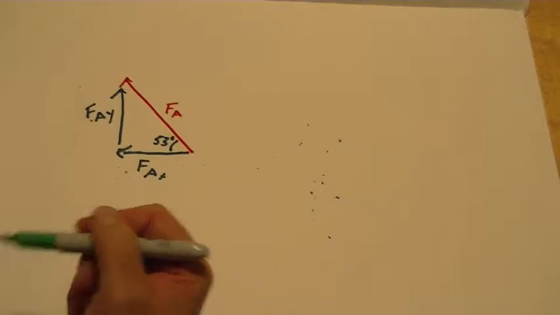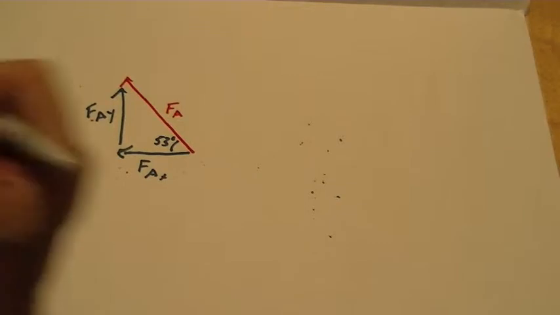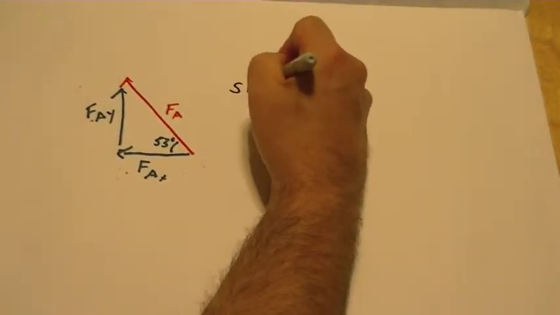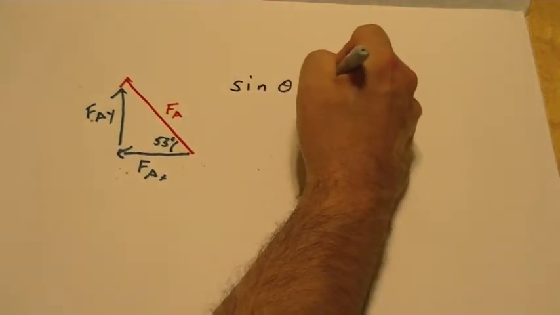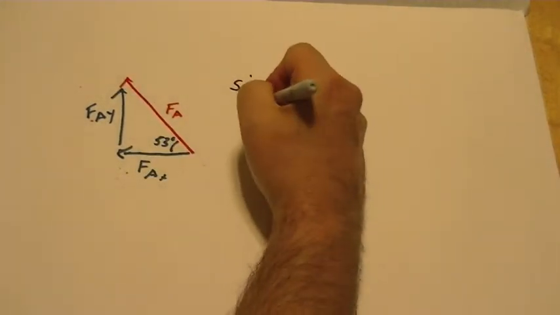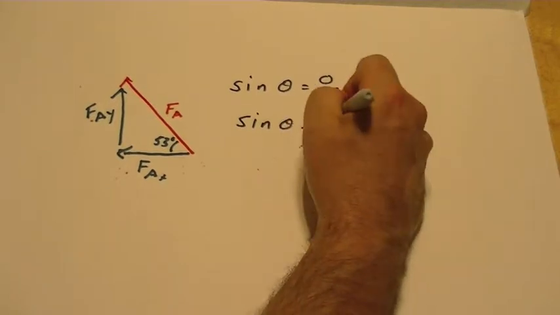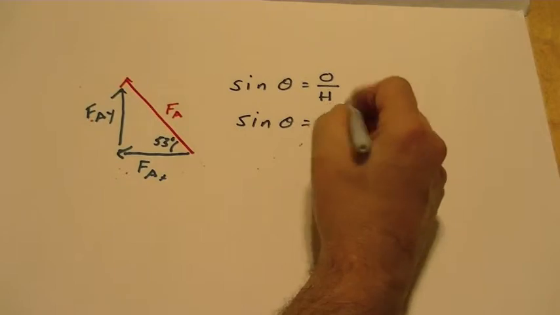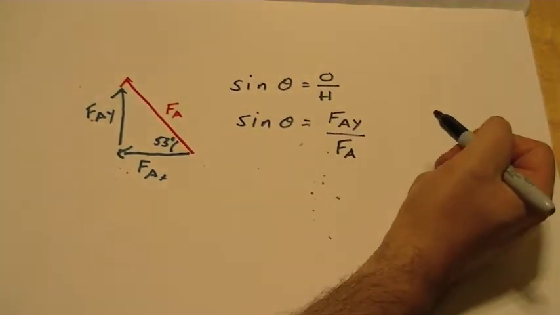Well, what I need to do now is set up my trig functions. I know that the sine of the angle is equal to the opposite side of the triangle divided by the hypotenuse. In this case, the sine of the angle is equal to the opposite side, the component I want, Fay, divided by the entire length of the vector Fa.